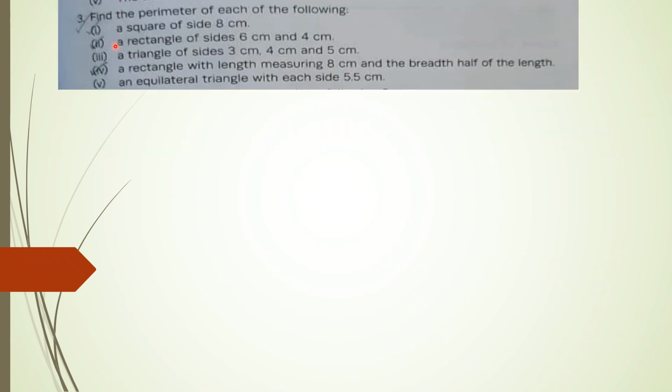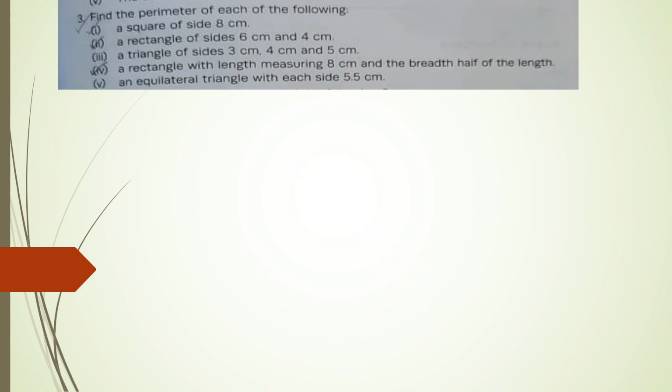Okay, question number 3. Find the perimeter of each of the following. The first one is a square of side 8 centimeter. Then we have a rectangle of side this and this. A triangle of side 3 centimeter, 4 centimeter, and 5 centimeter. A rectangle with length measuring 8 centimeter and breadth half of the length. An equilateral triangle with each side 5.5 centimeter.